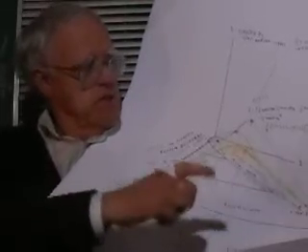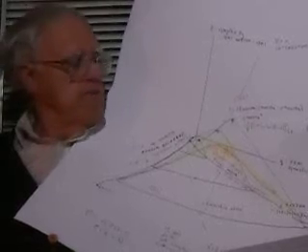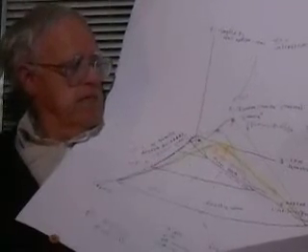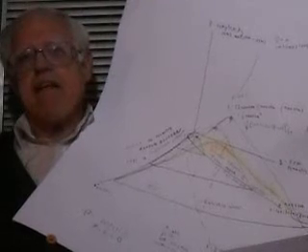A three-dimensional symmetry you can think of as a cube, like a salt cube. Fourth dimension, you could imagine something like a marching band, where the fourth dimension is time.